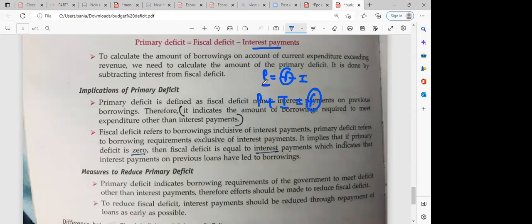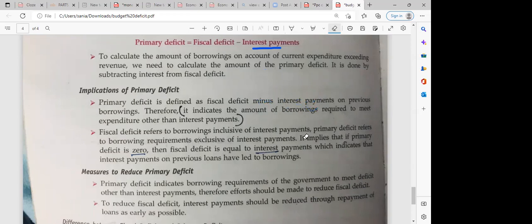But if you want to calculate primary deficit, you will be excluding it. This is a minus sign. Getting it, everyone? Yes, ma'am. Right? Okay. So the difference is, in primary deficit you don't include interest payment, but in fiscal deficit you include interest payment as well. Okay. So yeah.